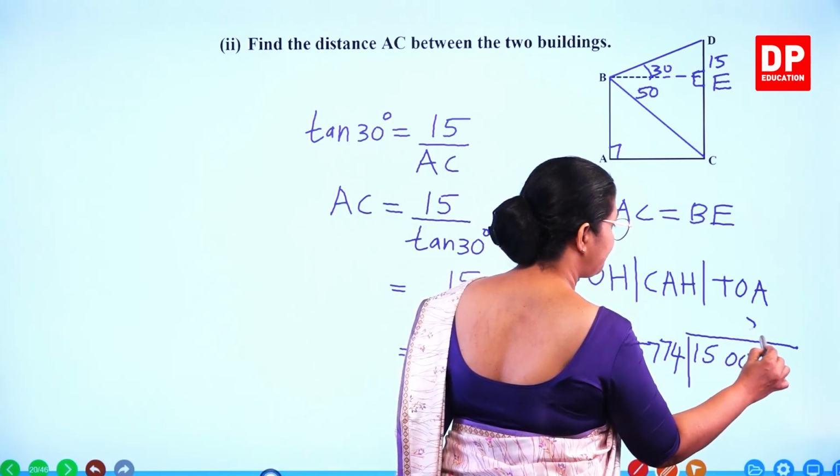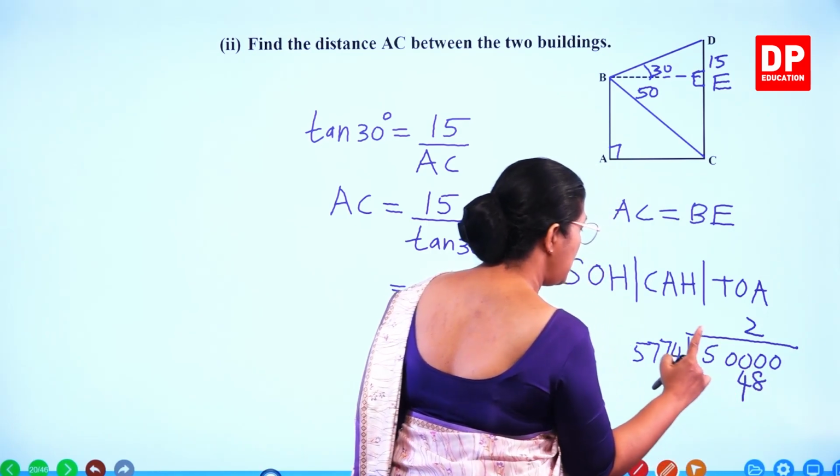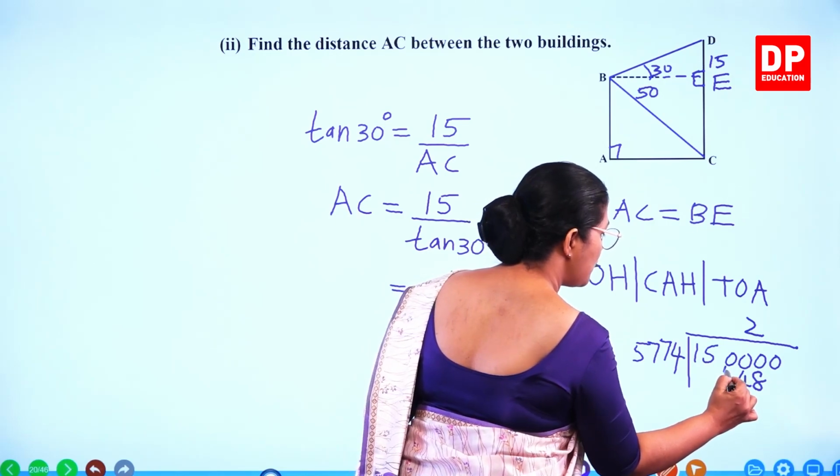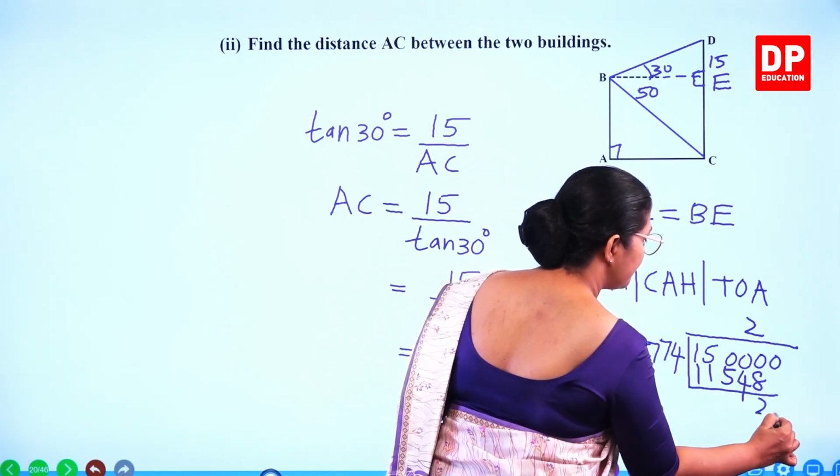So, it's 2. 2 times 4, 8. 2 times 7, 14. 2 times 7, 14 plus 1, 15. 2 times 5, 10 plus 1, 11. Subtract.